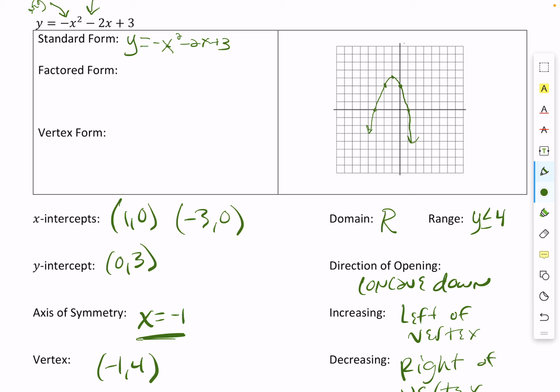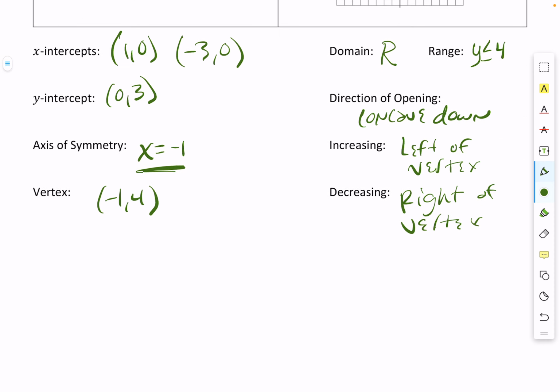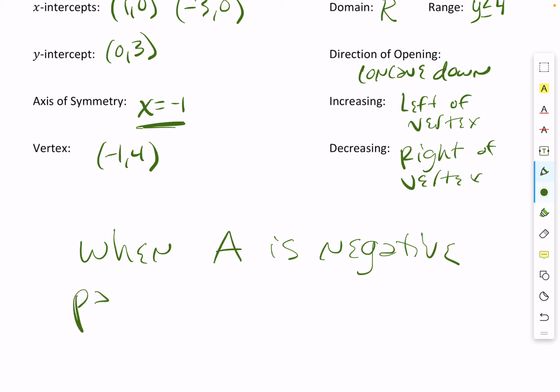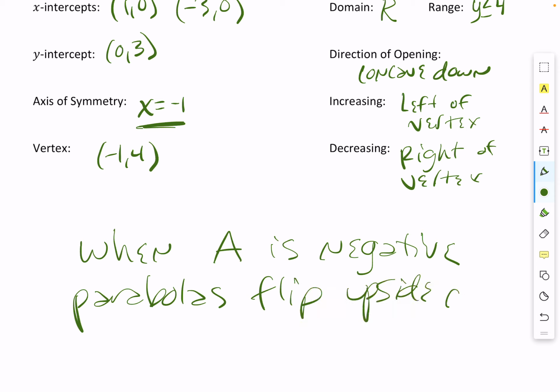Here's our new thing that we're realizing: when A is negative, parabolas flip upside down.